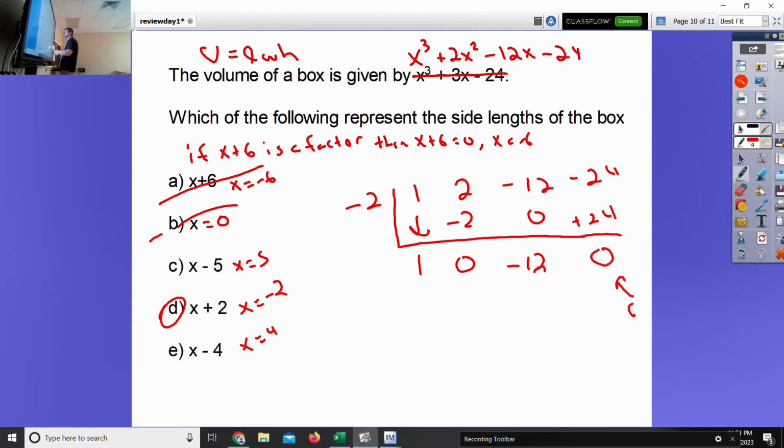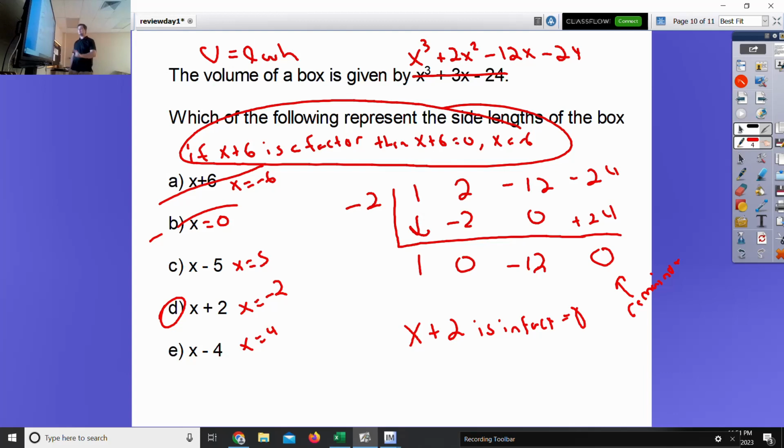That's my remainder. What I just learned is that x plus 2 was in fact equal to 0. It is one of the side lengths of my box. It might be the length, might be the width, might be the height, but it's one of them.